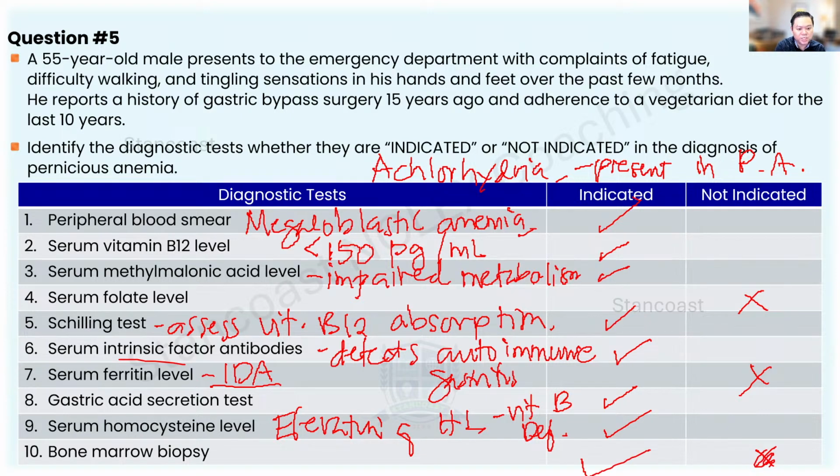So changing that to indicated, bone marrow biopsy. Bone marrow biopsy will be used to detect the severe form of the vitamin B12 deficiency, but not routinely done for the milder forms. But it will still be indicated, guys. So in general, it will be indicated.